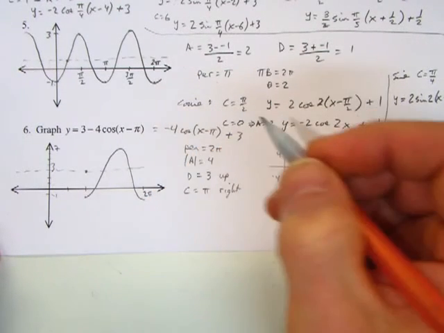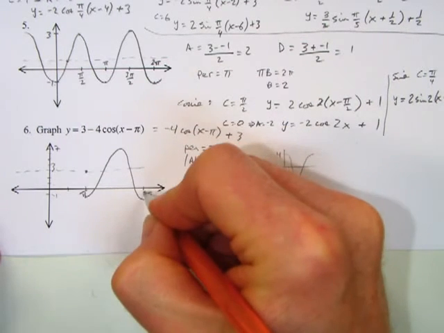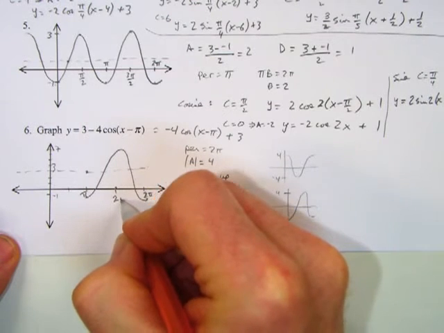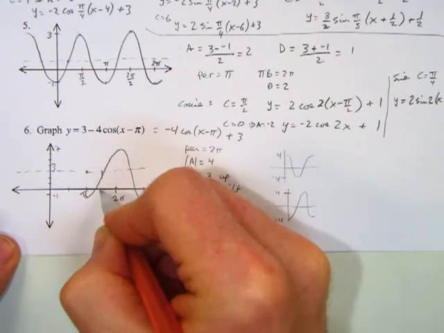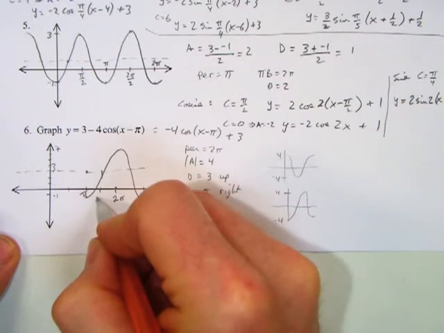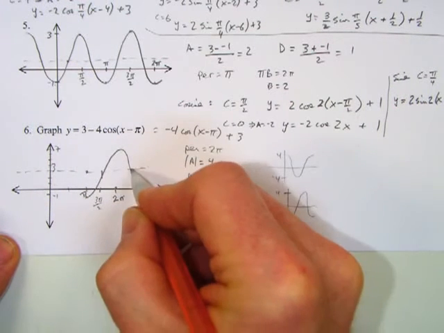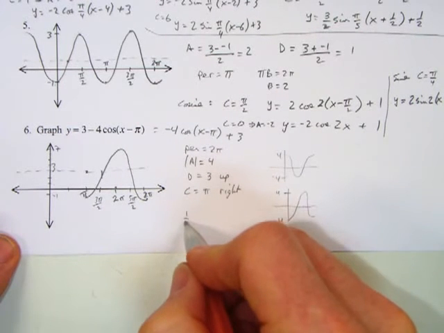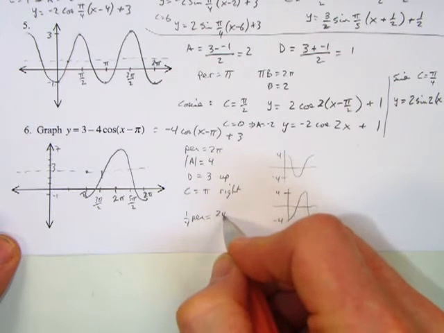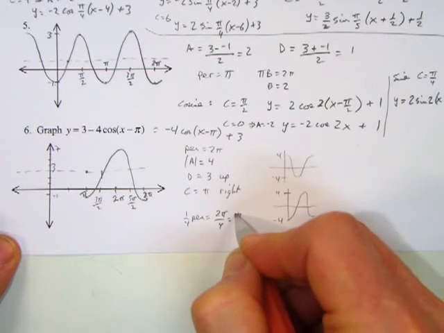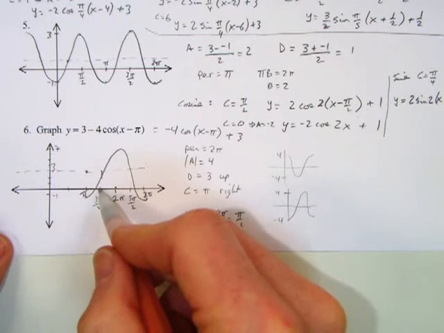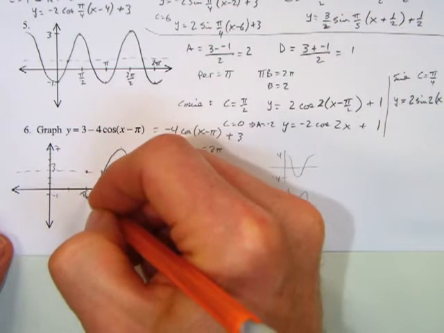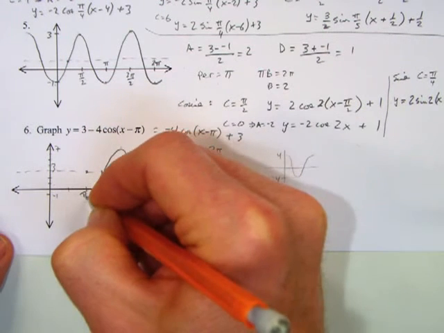Now this was pi, so this would have to be 3 pi, and then in the middle we're saying that this is 2 pi, and halfway in between there is 3 pi over 2, and then over here would be 5 pi over 2. And we could also say that 1/4 of the period is 2 pi over 4 or pi over 2. So once we have our starting point, we can just add pi over 2 each time to go from low, mid, high, mid, low.